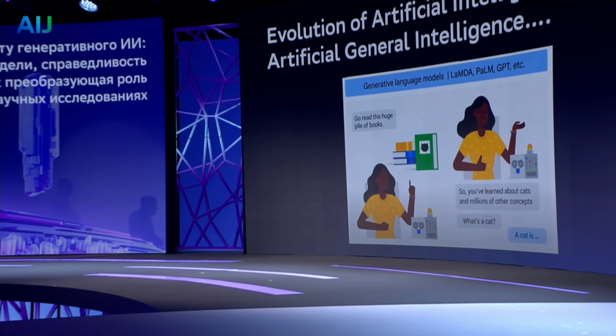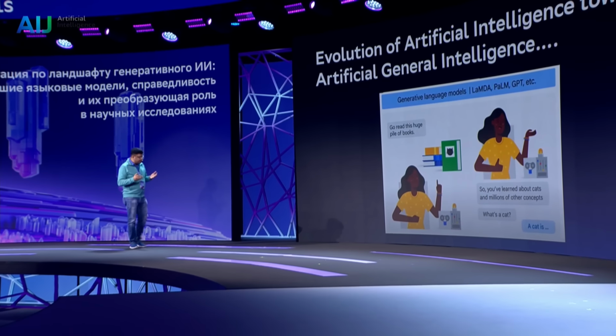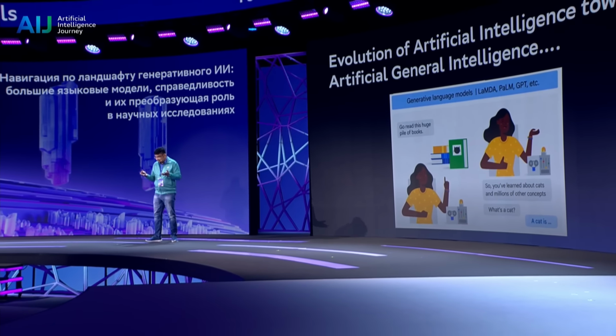And then there came the generative language models. It's like you are a very good professor with a student. Instead of spoon-feeding the student, you ask the student to go to a library, find a huge number of books out there, read about different classes of animals, and come back to me.